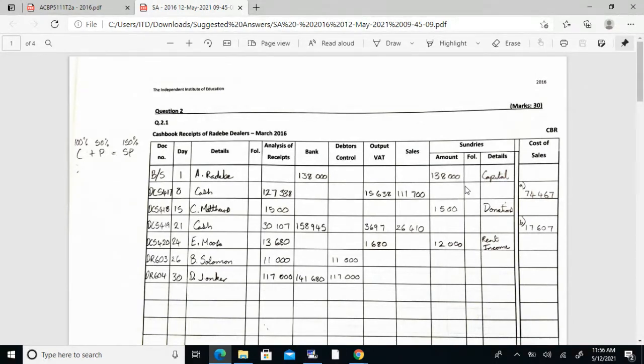But that's why I was saying that I would like you to actually download the answer booklets, because the answer booklets will save you time instead of wasting time drawing all this. Back in my day, guys didn't care for us. You had to draw these things. And that also showed how well you know your stuff, because to draw this you have to decide: should I have an analysis of receipts in my cash payments journal or not?